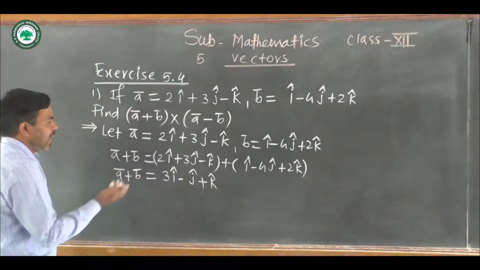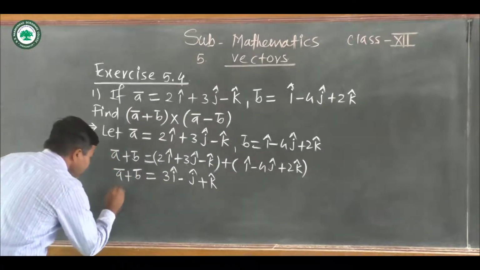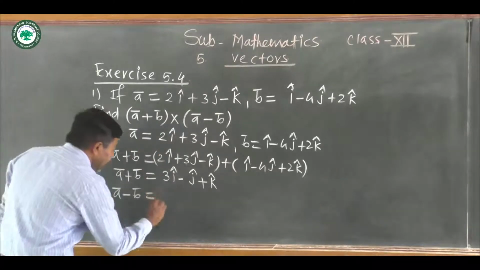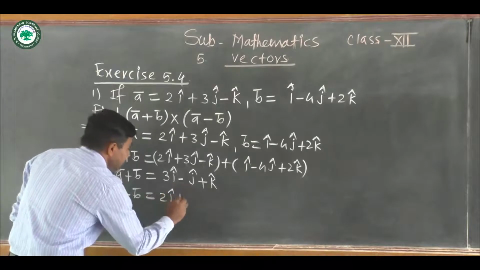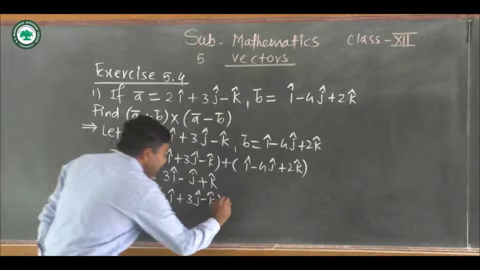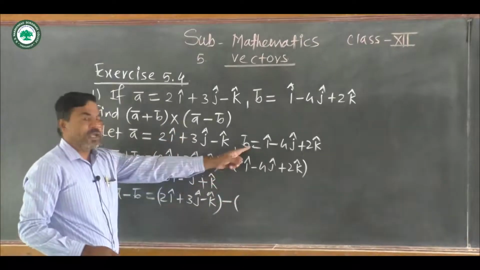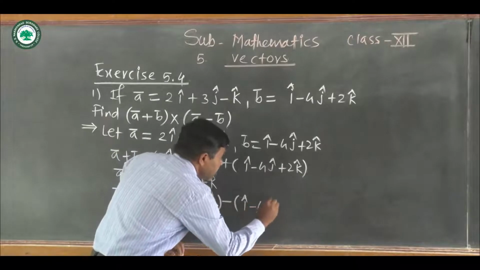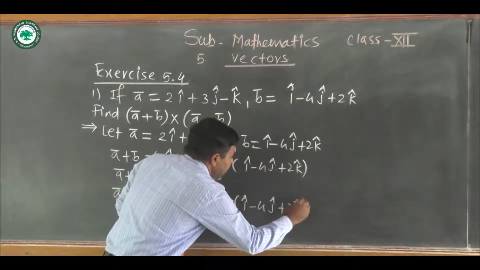Now similarly find out a bar minus b bar. Now a bar minus b bar is equal to a bar, 2i cap plus 3j cap minus k cap, minus b bar, here it is i cap minus 4j cap plus 2k cap.